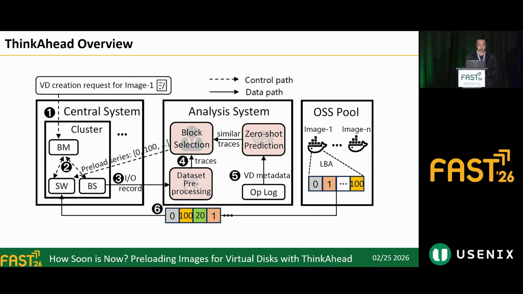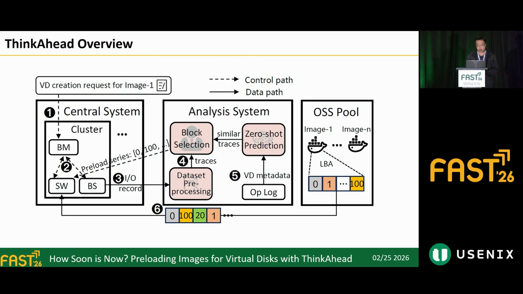Here is a central system that coordinates the analysis system. Inside the analysis system, there is the data preprocessing module that analyzes the traces and selects a subset of traces for the training. Then based on the group of trace sequences, we identify the blocks that should be preloaded.